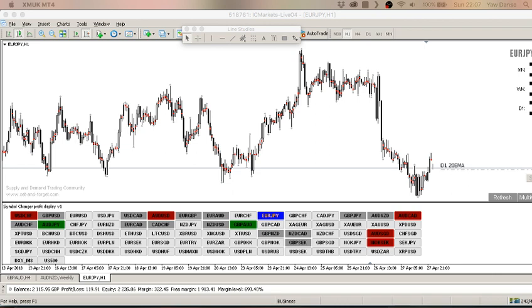Supply and demand is a strategy used in trading the market. If I'm using supply and demand as my strategy, I'll be analyzing the chart using not just rules, all the knowledge about supply and demand that I've learned. So I'll give you an example.